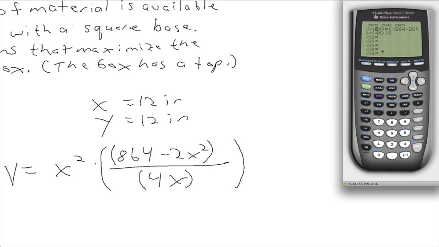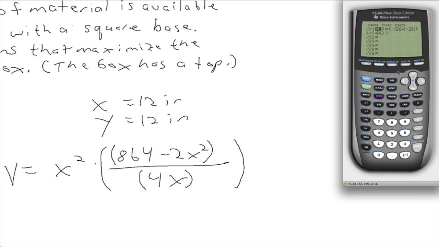All right, are you putting that in your calculator? Yeah, I tried it and it didn't work. What do you mean that it didn't work? I guess I typed it in wrong. I have x squared times parentheses, parentheses, 864 minus 2x raised to 2, parentheses, divided by, parentheses, 4x, parentheses, parentheses. What do you mean when you say it didn't work?